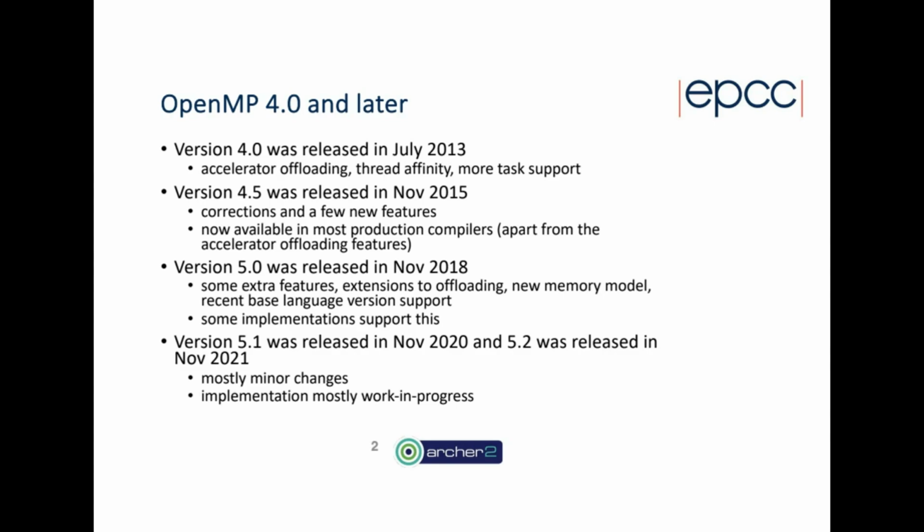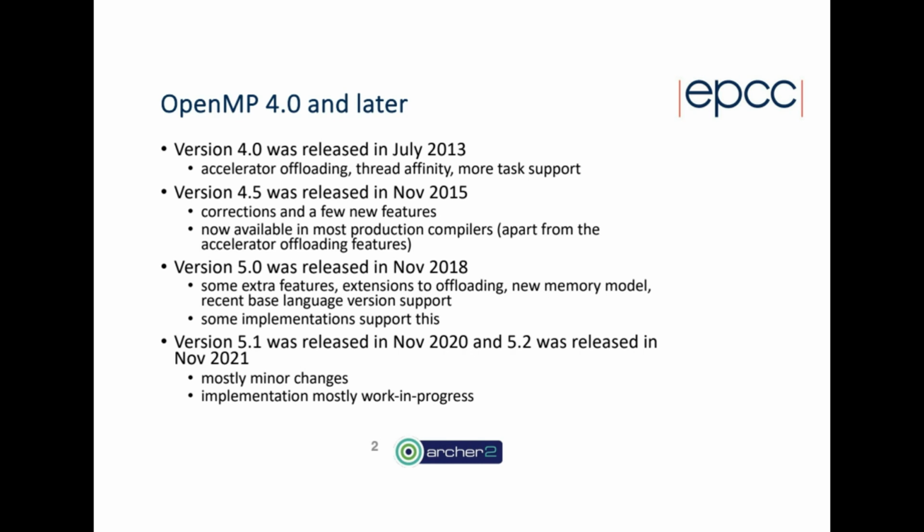So what happened in terms of the history? Okay, so version 4 is already more than 10 years old. That was when the accelerator offloading was first added, also some thread affinity things and some extra task support. 4.5 didn't really add a great deal, but that's at least now available in most of the production compilers.